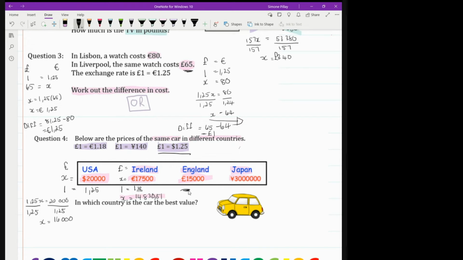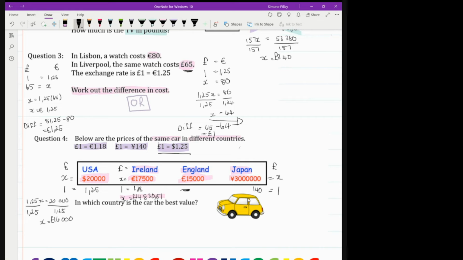Here, this is already in pounds, so I don't have to stress too much about converting that. And lastly, let's convert our yen into pounds. I don't know how many pounds this 3 million yen is going to be, but what I do know is that 1 pound is going to give me 140 yen.